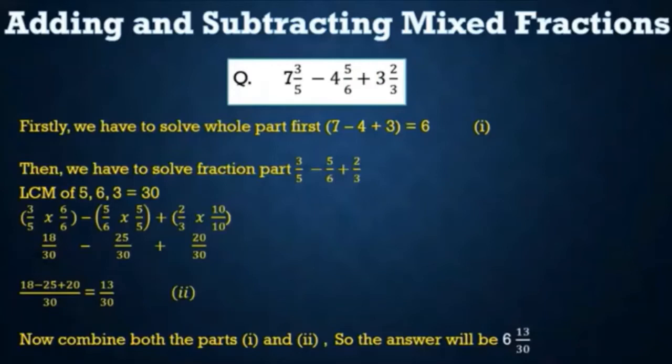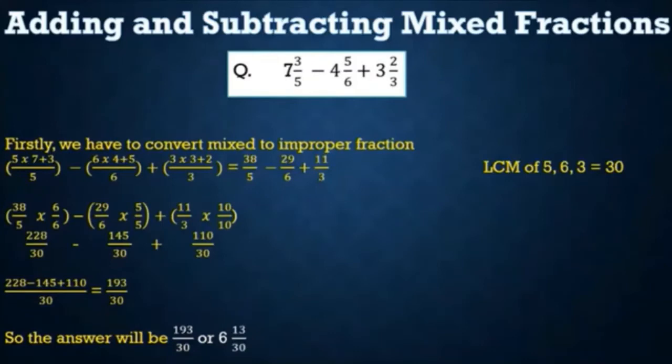It will become 13 by 30. And at the end, we'll have to combine the whole part and the fraction part. So the whole part is 6 and the fraction part is 13 by 30, which is equal to 6 13 by 30.